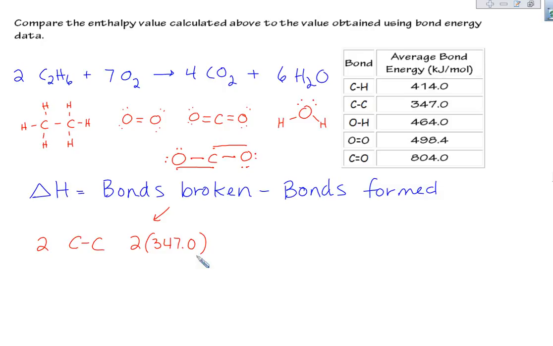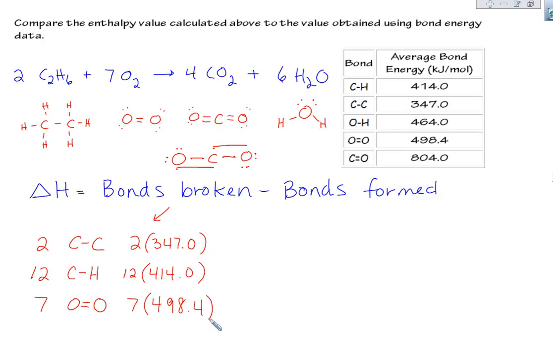Then we need to break these 6 carbon-hydrogen bonds, but I need to multiply that by 2, so there's really 12 of them. Carbon-hydrogen bonds: 12 times 414.0. And then I've got the 7 oxygen-oxygen doubles: 7 times 498.4.